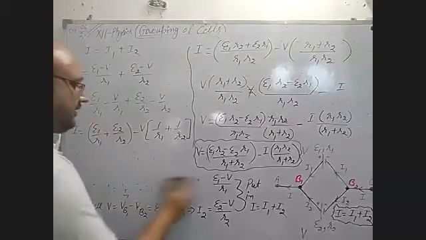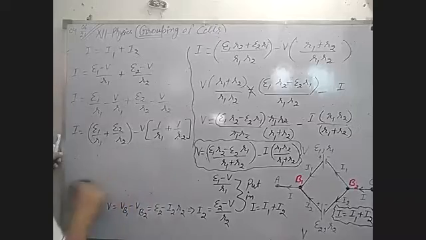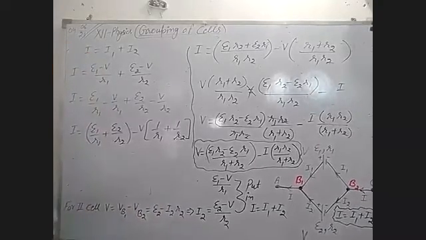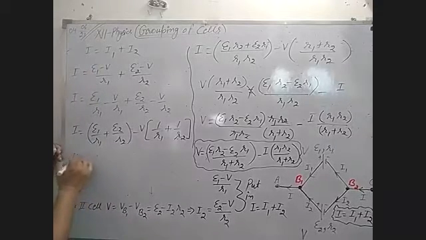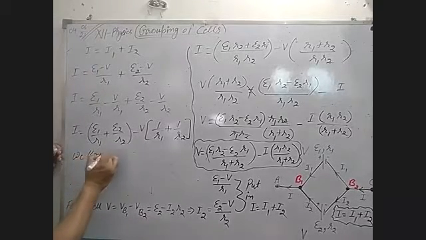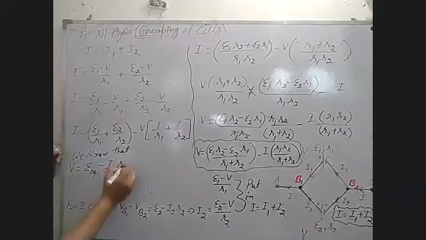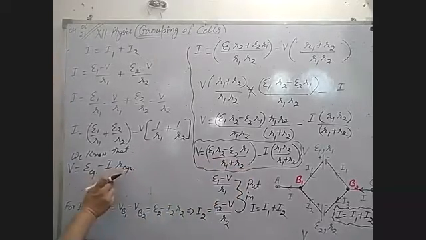Then for parallel, let us take E equivalent and R equivalent. We know that V is equal to E equivalent minus I into R equivalent. Now compare this equation with this.